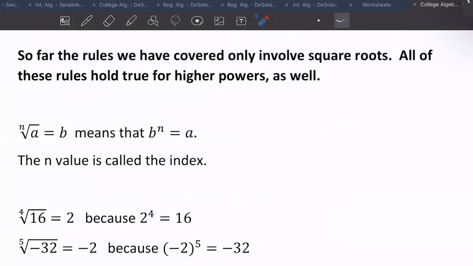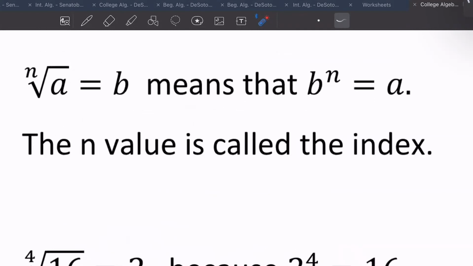So far the rules that we've covered only involve square roots. We've only been taking the square root of all of these problems. But all of these rules hold true for higher powers too. So we can generalize what we've already said, and we can say, if you're taking the nth root of a equals b, that means that b to the n equals a.